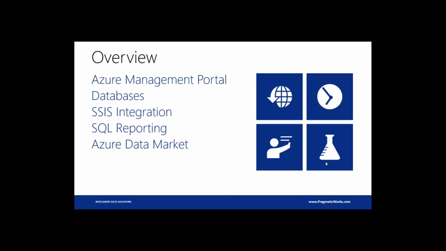Your SSIS packages will not run in Azure. They'll only run on your local machine. So until they build integration services into Azure, you're going to have to run all of your SSIS on-prem, or the other option would be to put a VM in Azure and have your SSIS packages run on that VM inside of Azure.